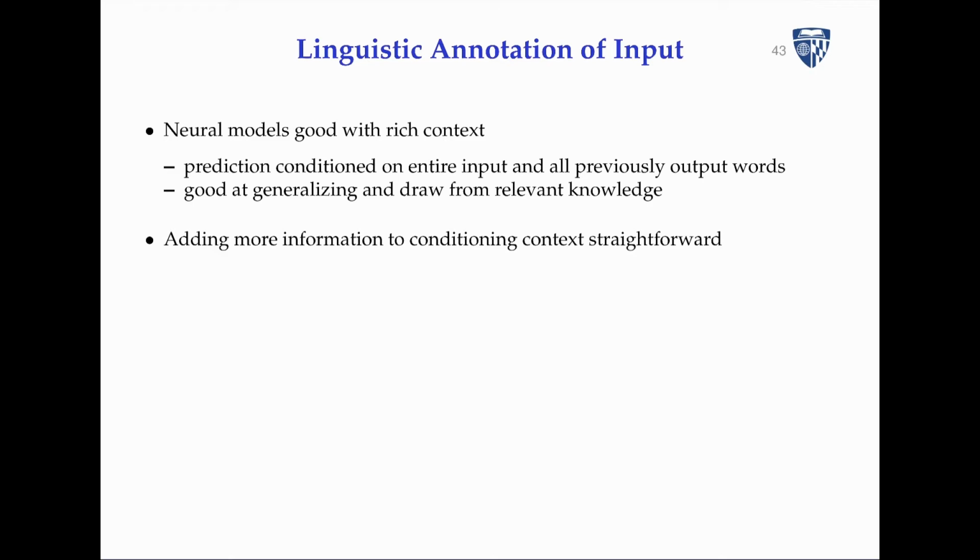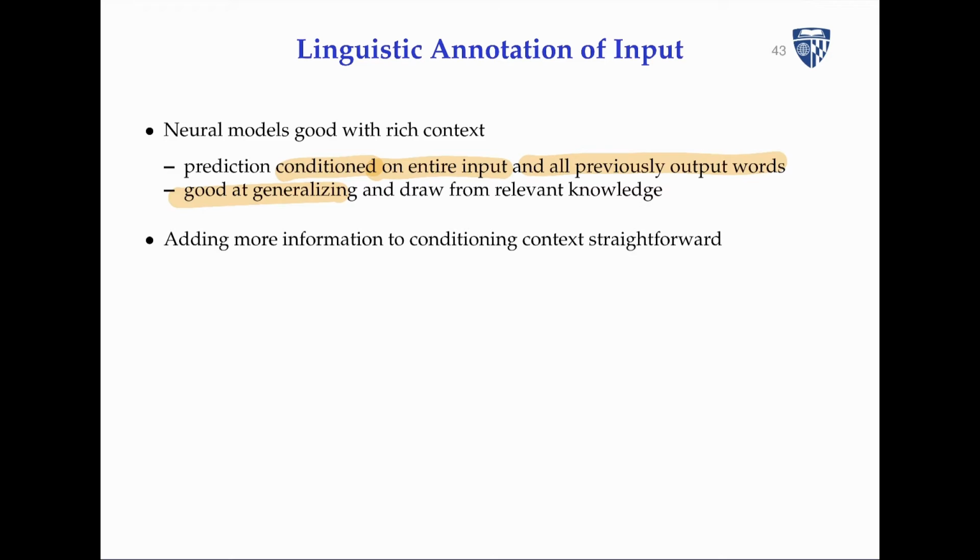So the prediction currently in neural machine translation is conditioned on the entire input sentence and all previous output words. And that's obviously a lot to condition on, because this entire input sentence and all these previous output words have never actually been seen in this combination ever before when it translates a sentence. So it's very good at generalizing about what of these various inputs is actually important.